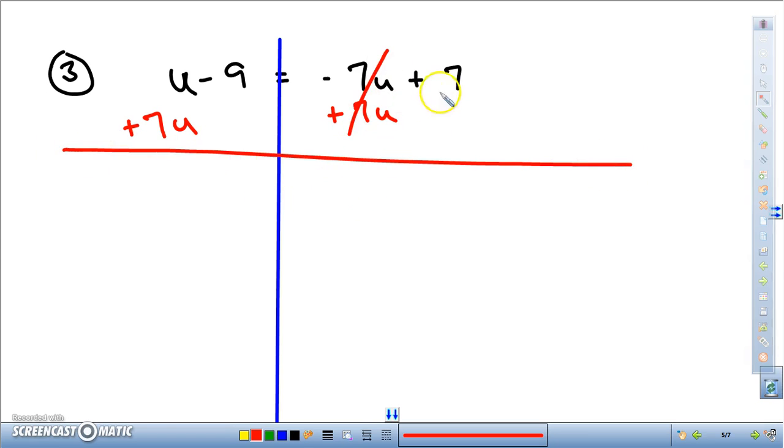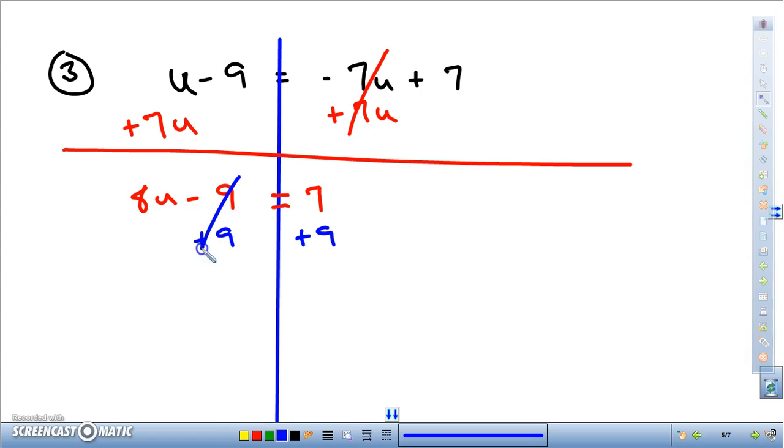That goes away. Your plus 7 is going to come down. Equal sign stays on the line. 7 plus 1 is 8u. And your negative 9 or your minus 9 comes down. And now I have a two-step equation. I'm going to undo the subtraction first by adding.